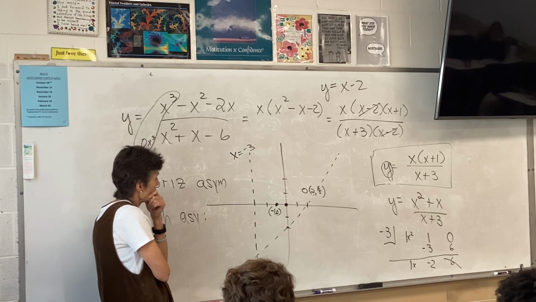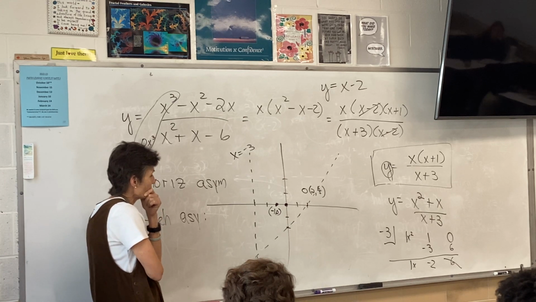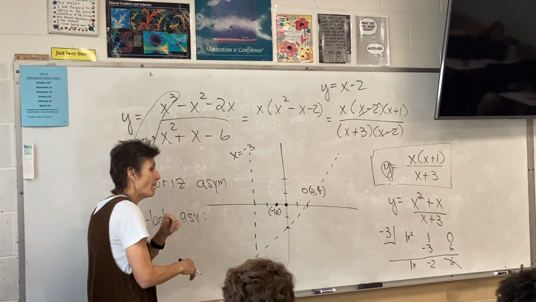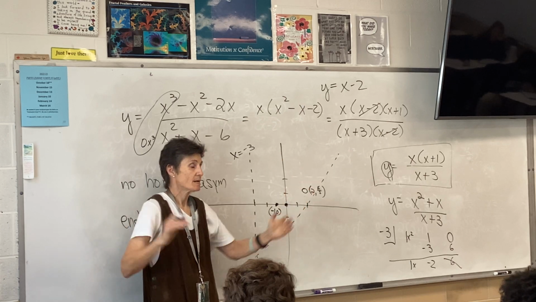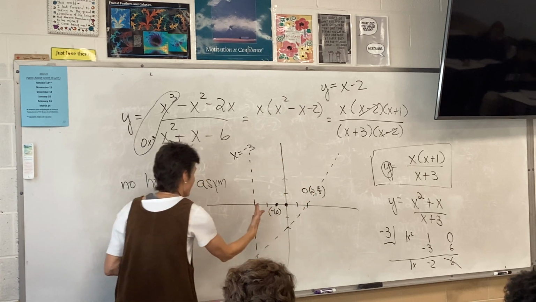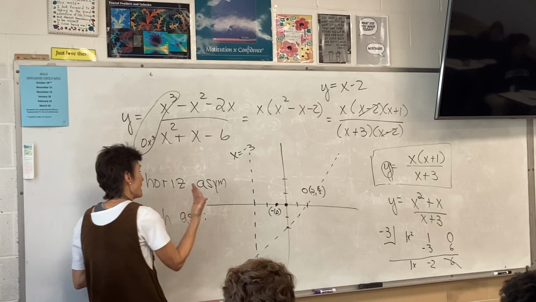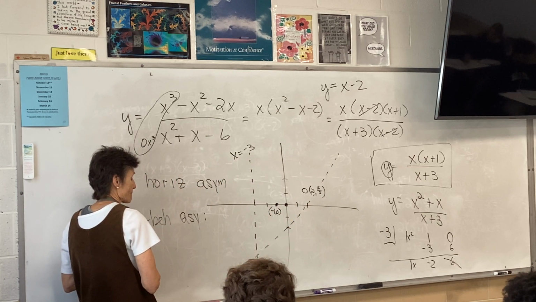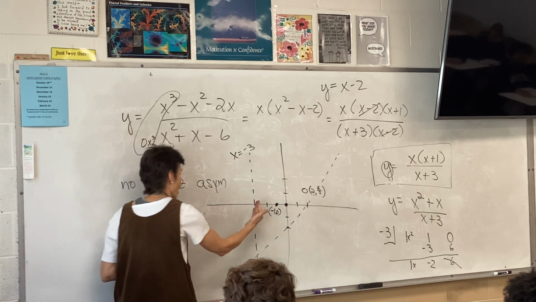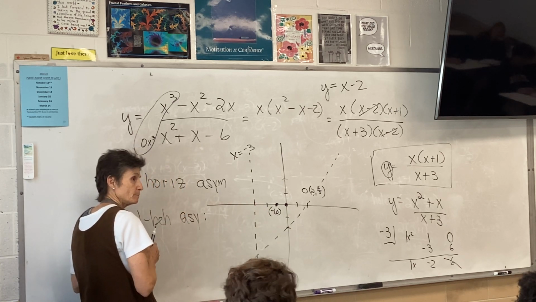Now, any idea at all what this thing looks like? Keep in mind that the vertical asymptote splits it into 2 halves. So something's happening on the left of the asymptote and something's happening on the right. Any thought on what's happening on the left?